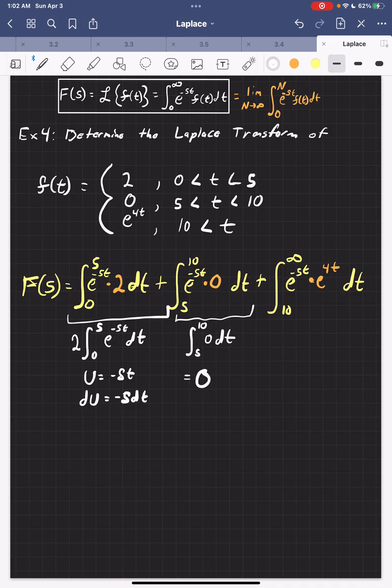All right, this last one, let me think about this for a second. We're probably going to want to combine. So if you have e to the negative 5t and 4t, no, look at me.